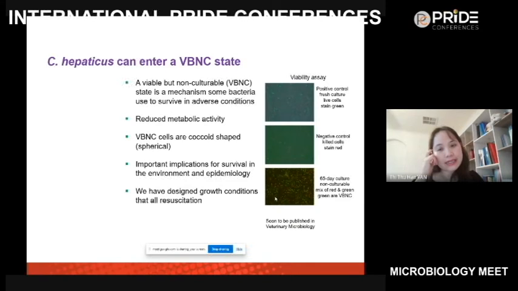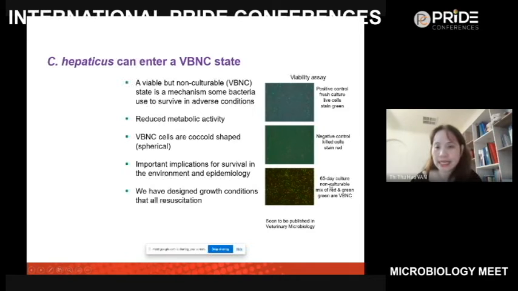And this student also worked to see whether this one can enter viable but non-culturable states. It means that they are there, but they're not dead. They're still there, but they survive. And then when the condition is good, they can come back and thrive. So we found that the cells are coccoid. And when the condition is good, they come back and can grow.